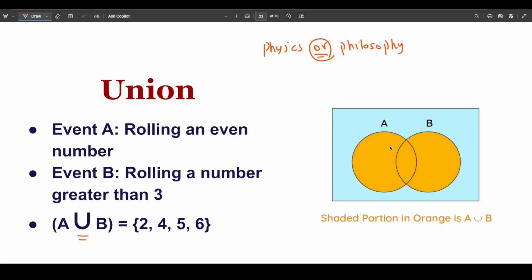What does it mean, the union of two events? It means that you have to consider every part of the Venn diagram which you have A or B or both of them. So here, for example, you have only A, here you have only B, they are going to be included, and of course the part which is also in common between them. This section is giving you A or B.